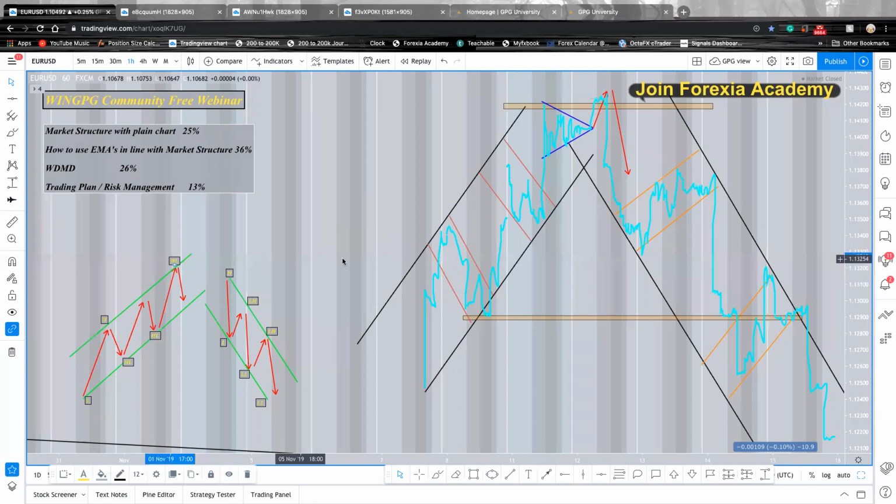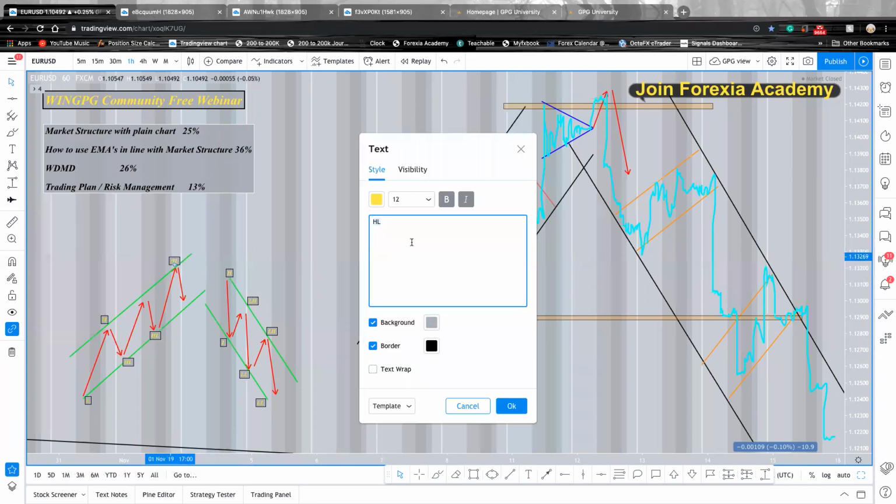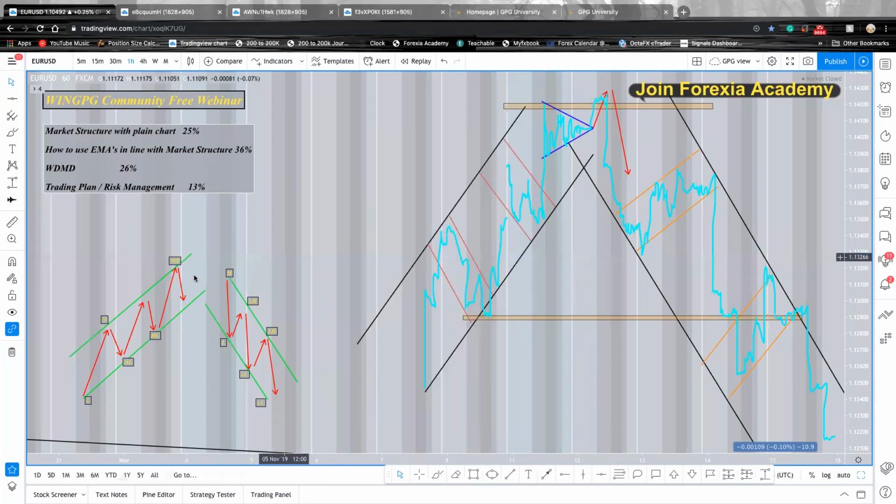I put this wrong. Let me fix it quickly. And in the downtrend, they look for a high and low and then lower high, lower low, and so on.